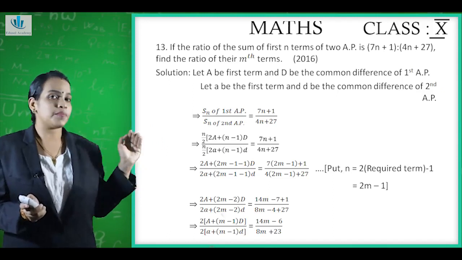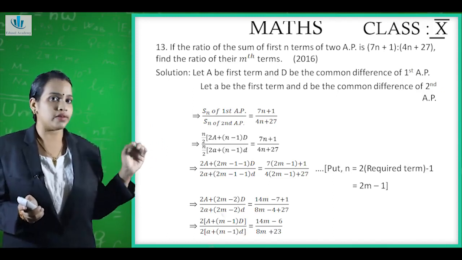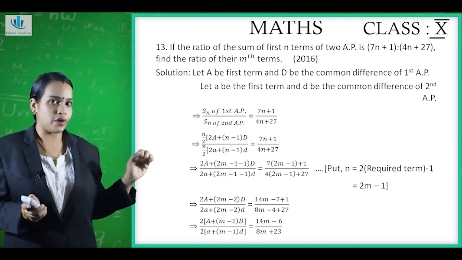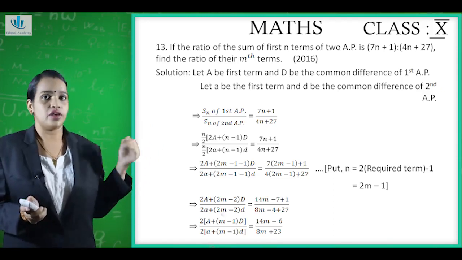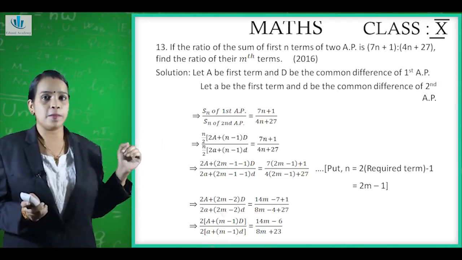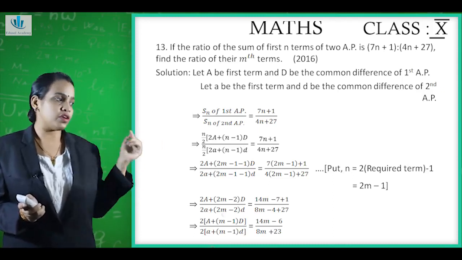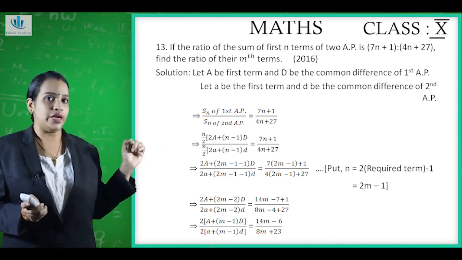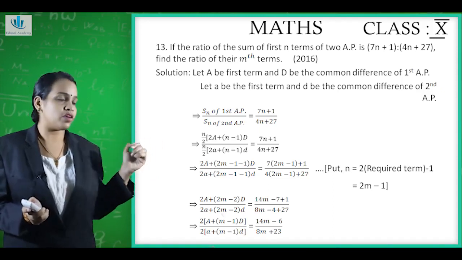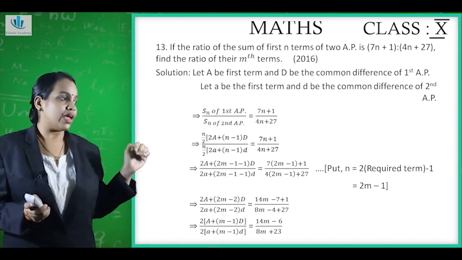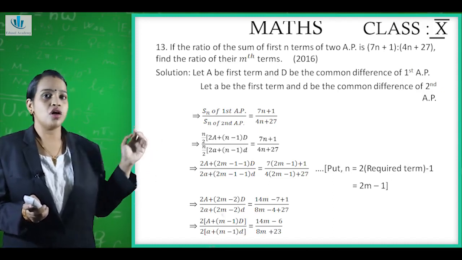It is 7 into 2m minus 1 plus 1 upon 4 into 2m minus 1 plus 27. Now we will solve it. 2A plus 2m minus 1 gives minus 2 into D upon 2a plus 2m, again here minus 1 gives minus 2 into d, is equal to 14.